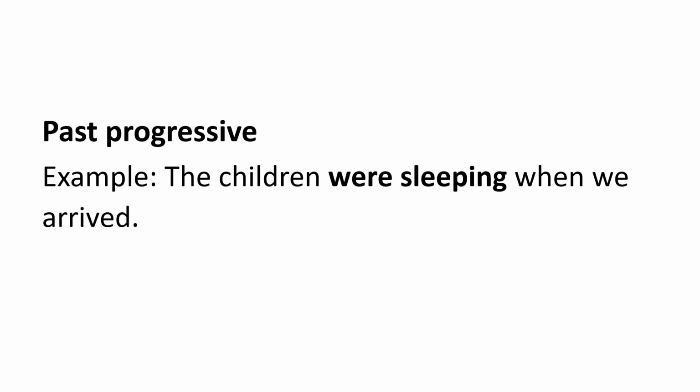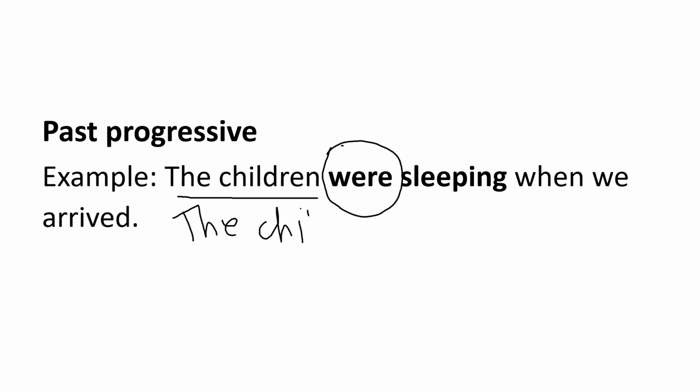So, ang ginamit dito na linking verb is were. Were sleeping. Were kasi ang subject ay plural na children. Ngayon, kung nag-iisa lang yan or singular, example, the child. Hindi were ang gagamitin natin, kundi the child was. The child was sleeping when we arrived.